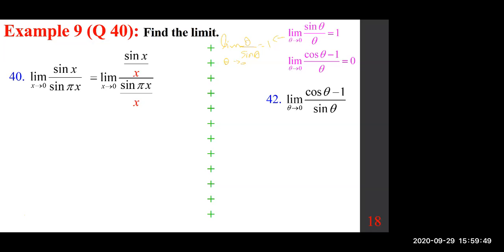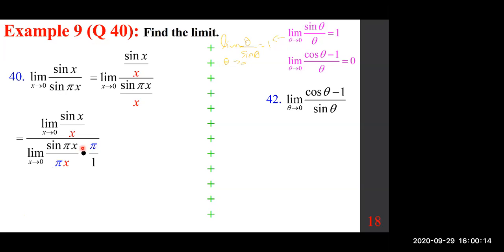And so here's what happens now. Notice what we do. We separate the top from the bottom. This is sine pi x, and the bottom has pi missing. So if I put a pi here, I have to put a pi there. Please understand, I can cross out and I get the same expression as here.